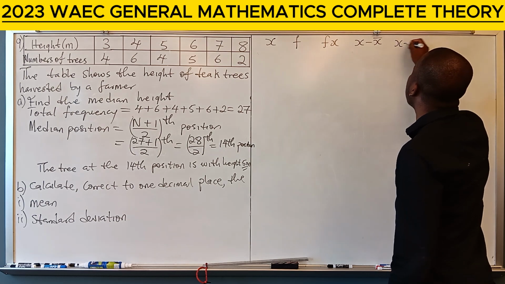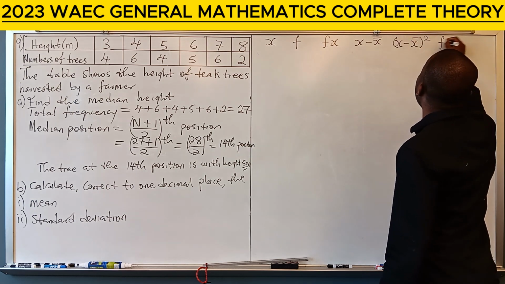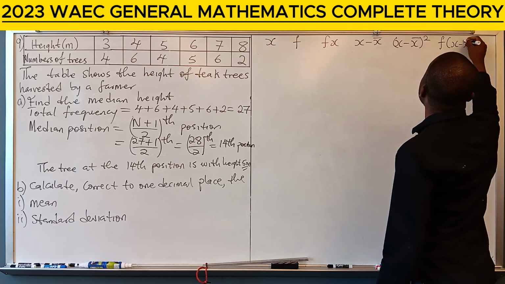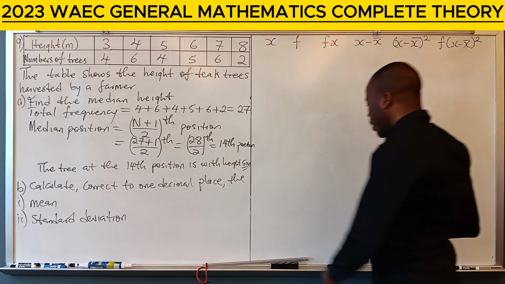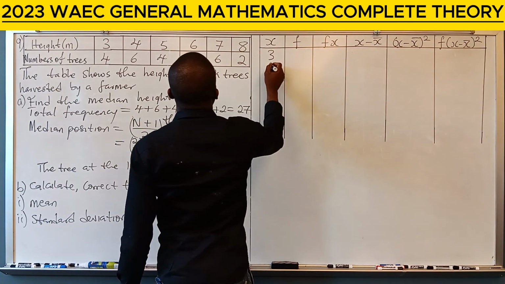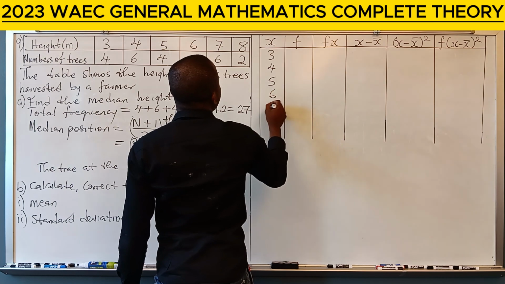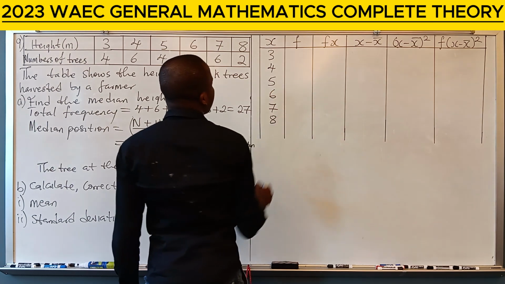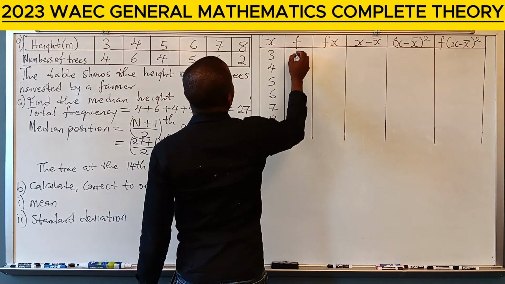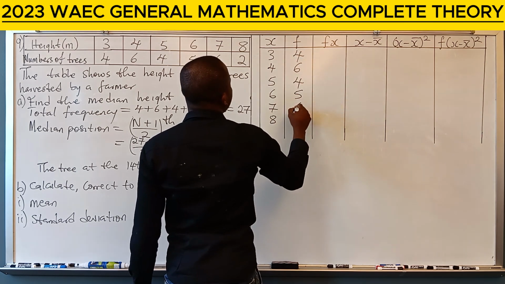You need x minus x bar all square, and we need f times x minus x bar all square to get the standard deviation. So our x are 3, 4, 5, 6, 7, 8. And the frequencies are 4, 6, 4, 5, 6, 2.